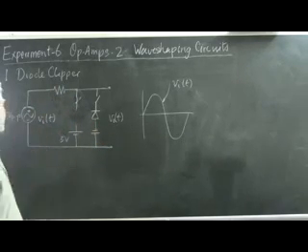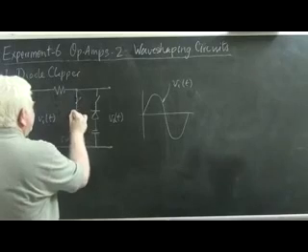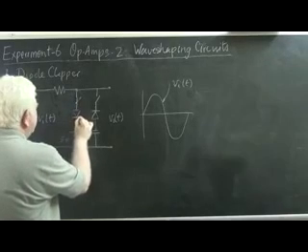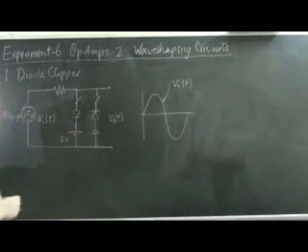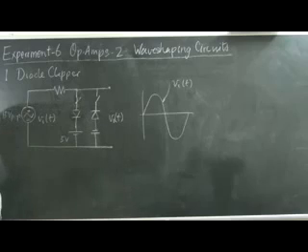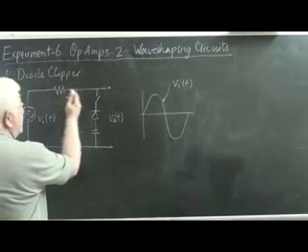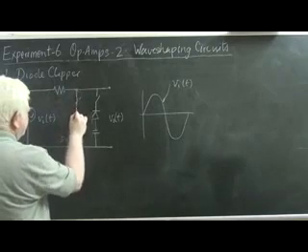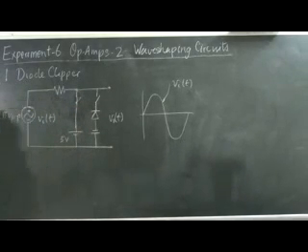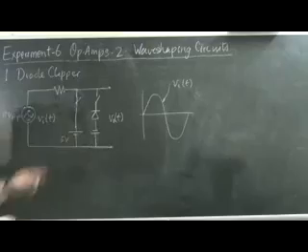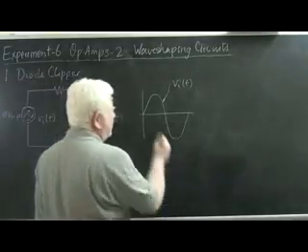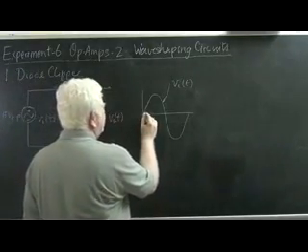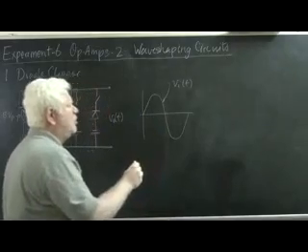So when this input voltage exceeds the battery voltage plus the cut-in voltage, then this diode acts as a short. So what you would see instead of the diode here is this, which simply means that the voltage across the output terminals is 5 volts. So let's start drawing the output voltage.